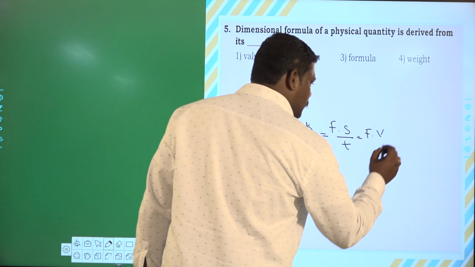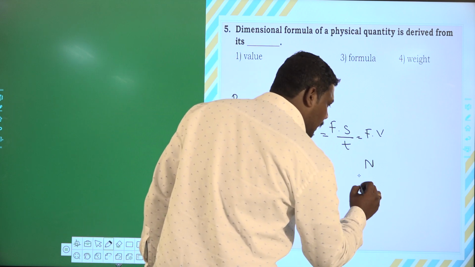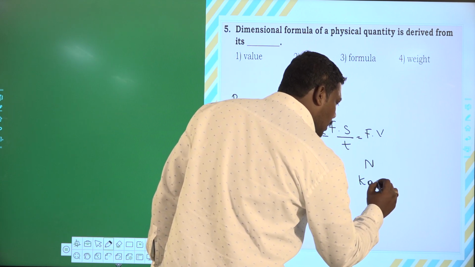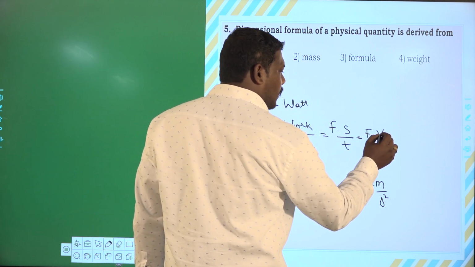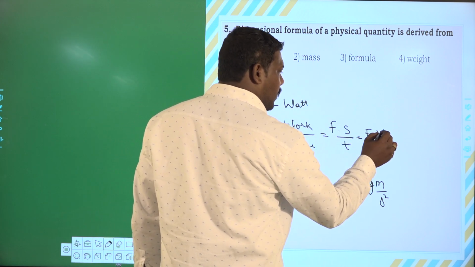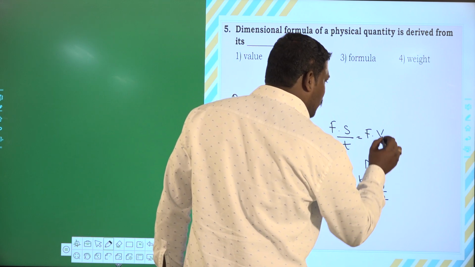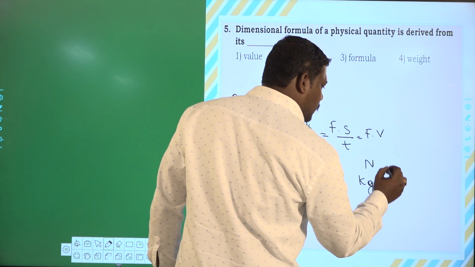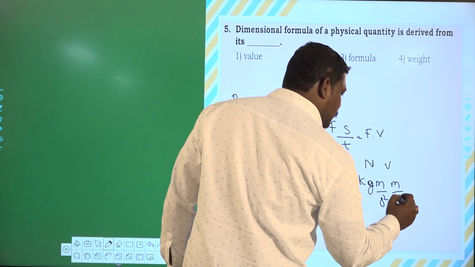Now force unit is Newton, which can also be written as kg meter per second square. And displacement by time is velocity. Now velocity units are meter per second.